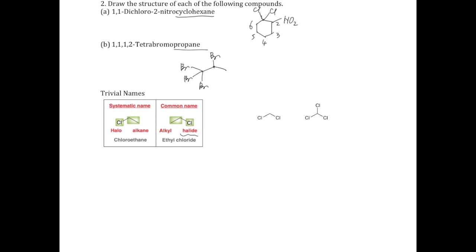Okay, so let's see this structure. What is the systematic name for this structure on the left? So it's a 1 carbon, it's methane, chlorine as a substituent, chloro. So it's going to be dichloro.